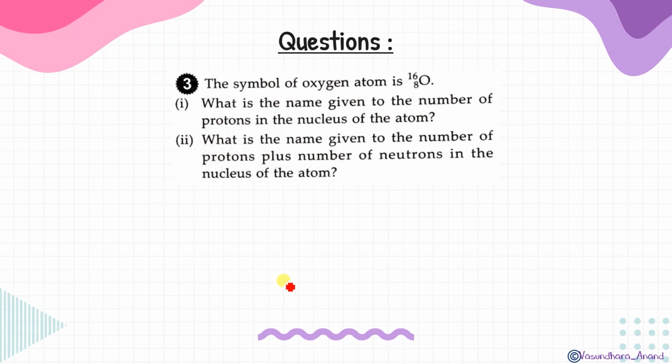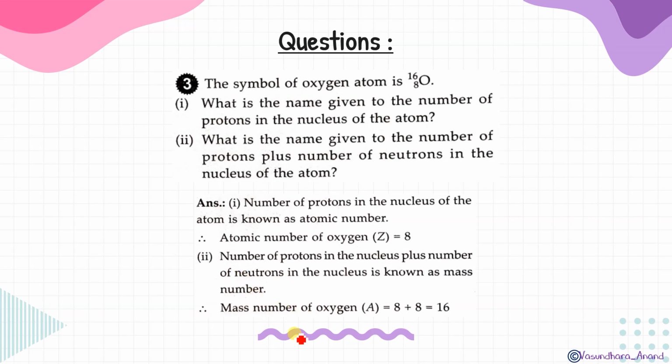We know that it is always neutrons and protons. Out of neutron and proton, which one is equal to the atomic number? The number of protons. So the name given is atomic number, and it is always equal to the number of protons, so that will be 8 here.